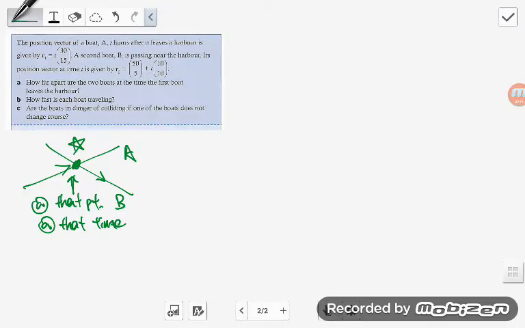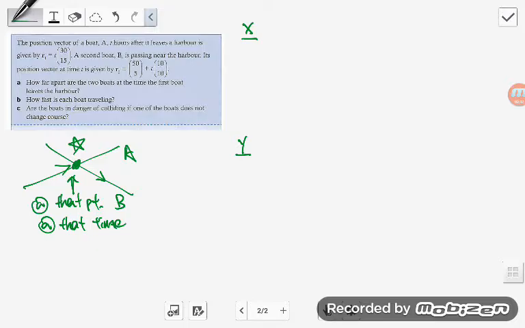Okay, since we're talking about a 2D scenario, I can break it down into my X and Y components, right? So let's start with boat 1 first, boat A first.